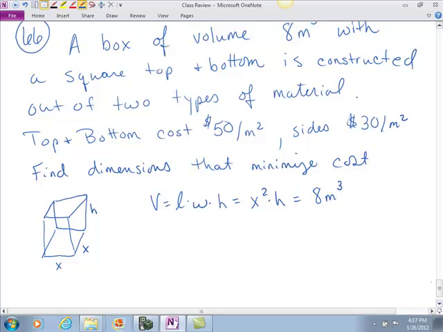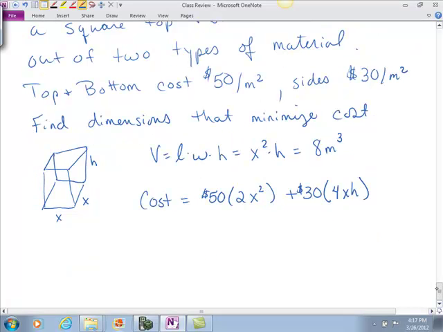So the cost function is the top and bottom, $50 times 2 x squared, plus the sides: $30 times the sides, there's 4 of them, and each is x times h. All right, and so these functions are kind of doable.